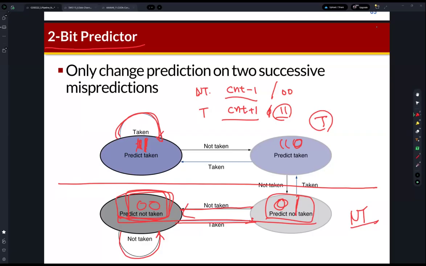So using the 2-bit predictor, we check the two previous events of the branch instruction, some consecutive results. By doing this, we can increase the hit rate of the branch predictor.